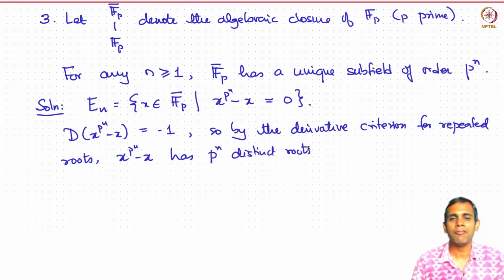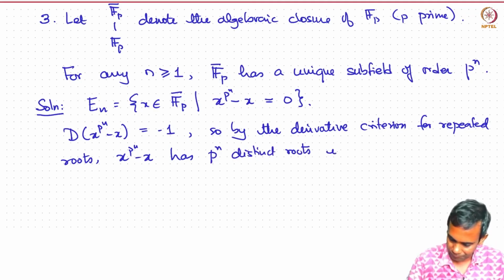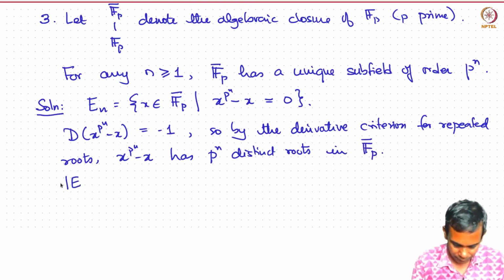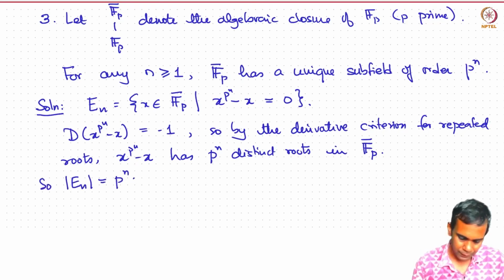And all of them lie in Fp bar because Fp bar is the algebraic closure of Fp. So it has p to the n distinct roots in Fp bar, and so the cardinality of En is p to the power n.